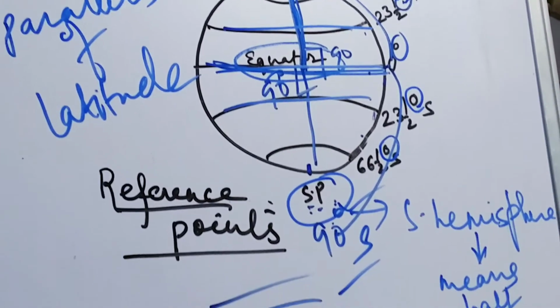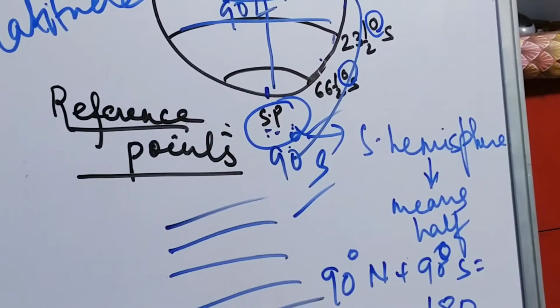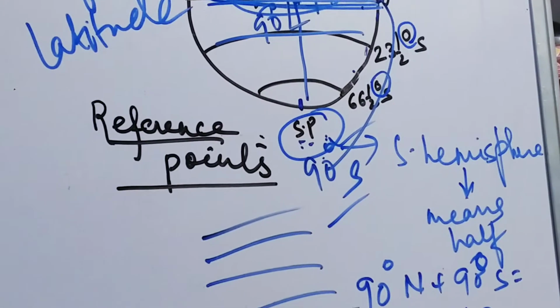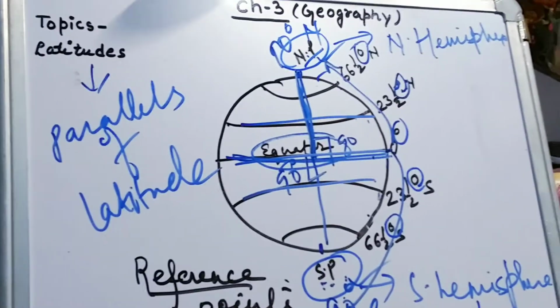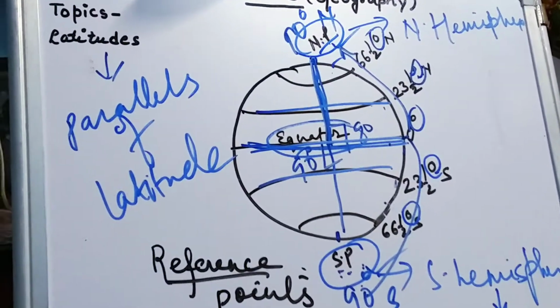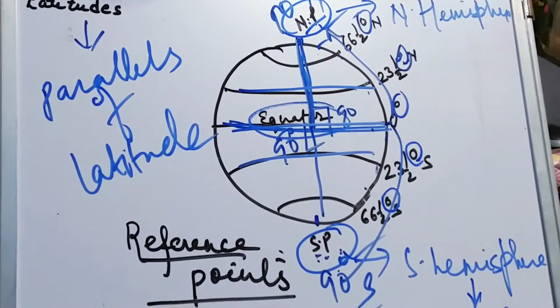So I will show you now what the names of these parallels of latitude are. Children, please see here this board. First I will explain here, then I will go through the lines of the book, right? So let's come to the important lines of latitude.